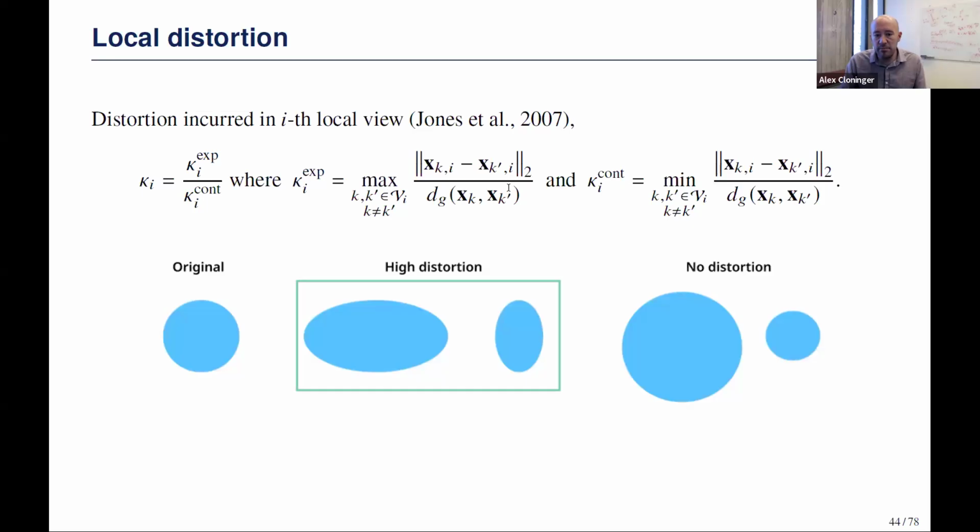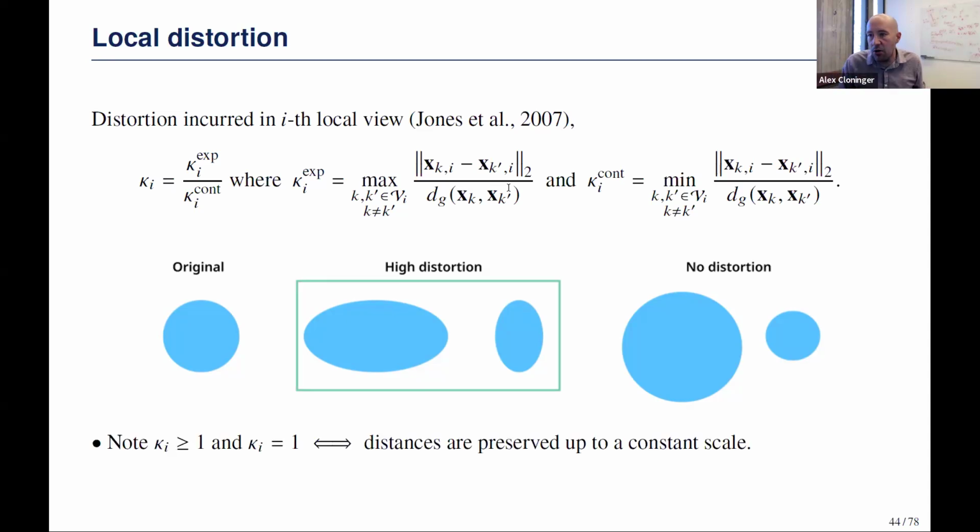What is the maximum stretching you did? What is the maximum shrinking that you did between any two points? That ratio is your distortion. So distortion is always going to be greater than or equal to 1. It's the condition number of the function that takes you from the high dimensional data to the low dimensional data. What is its distortion?